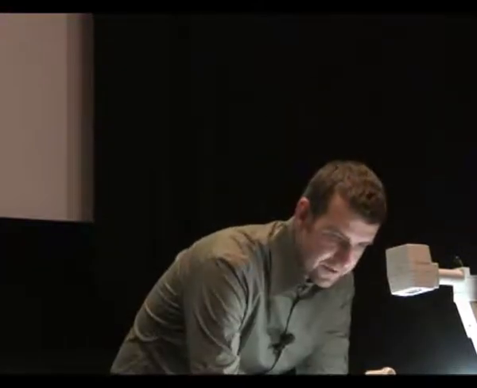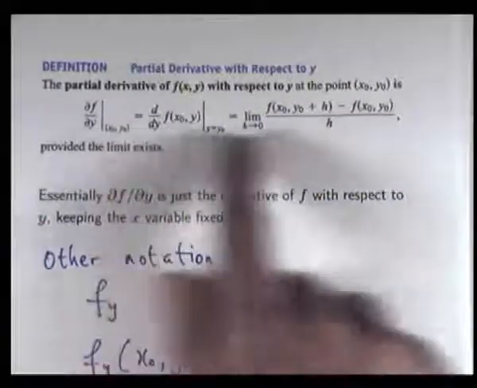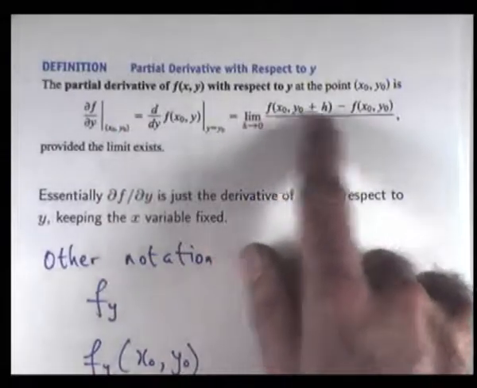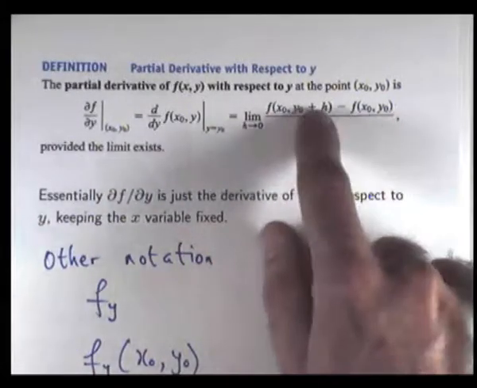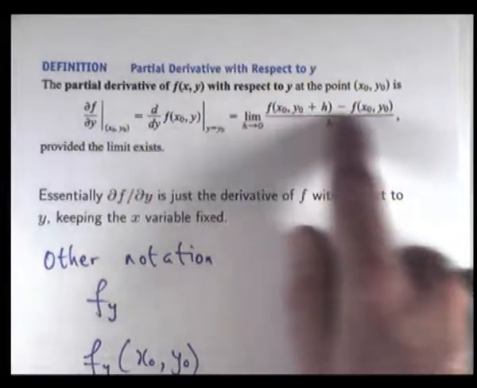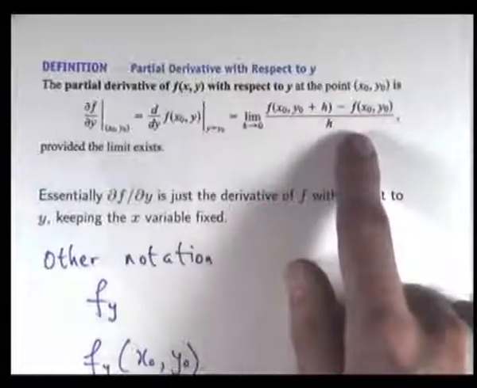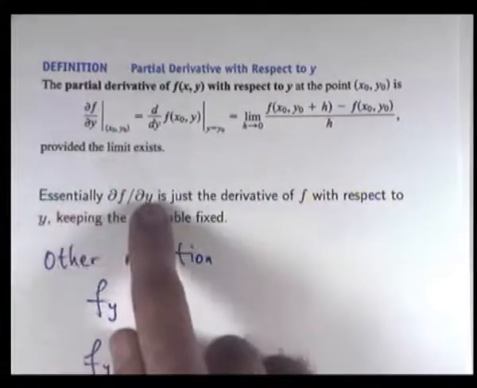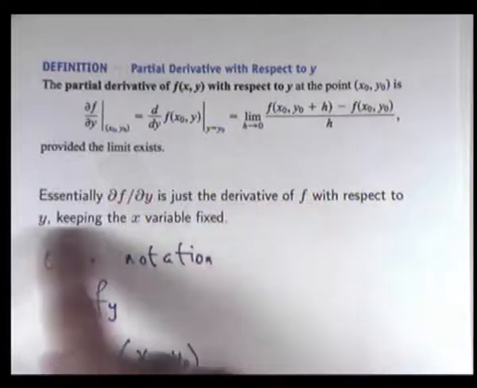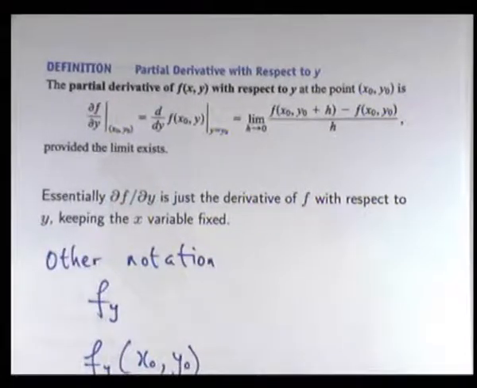Now with functions of two variables, we have two partial derivatives, df dx and df dy. The definition for df dy is similar. Here you can see the second variable, the y variable, changes, but not the first one, the x variable. Again, it's the limit of this quotient. Essentially, df dy is just the derivative of f with respect to y while keeping the other variable, the x variable, fixed.